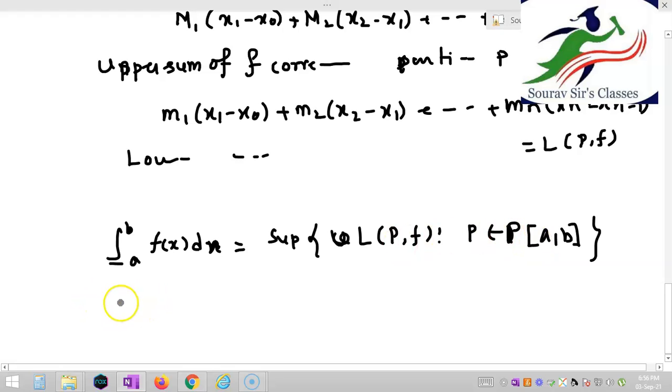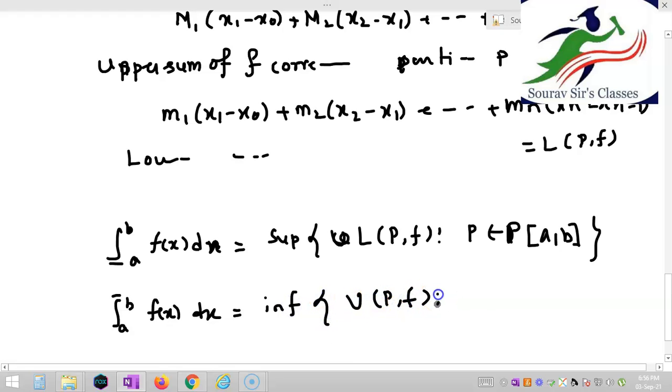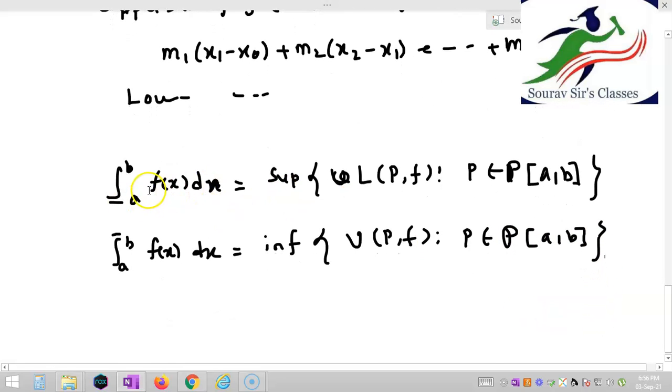And the upper integral, integral from a to b of f(x) dx, is equal to the infimum of U(P, f) such that P belongs to script P[a, b]. Okay, this is the definition of the lower integral, which is the supremum of L(P, f), and this is the upper integral, which is the infimum of U(P, f).